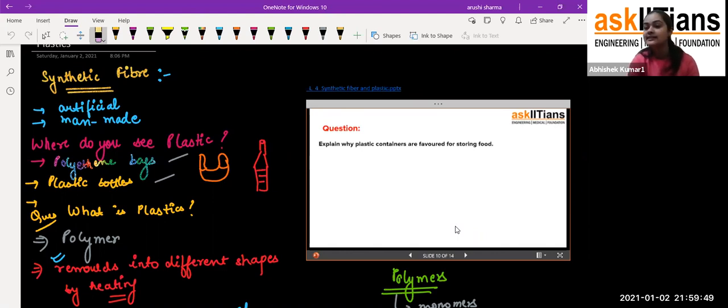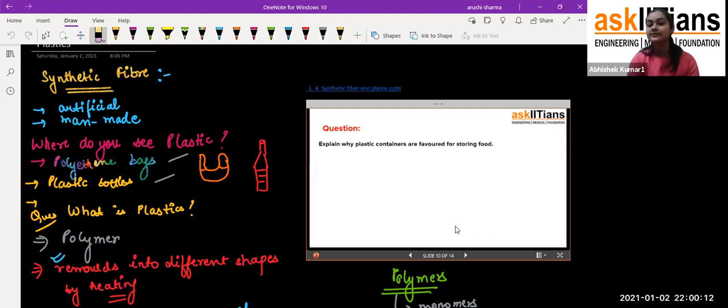We have discussed some characteristics, like they are non-reactive, that means they react very less. That is why, students, we use plastic containers. Whenever we keep pickles in an iron box or something like that, the iron can react with the acid present in the pickle, because it has a sour taste.